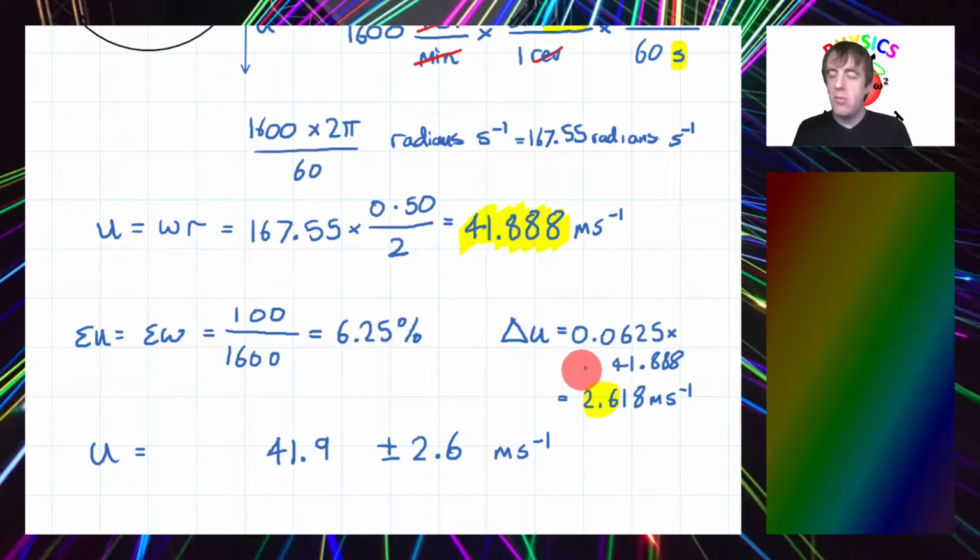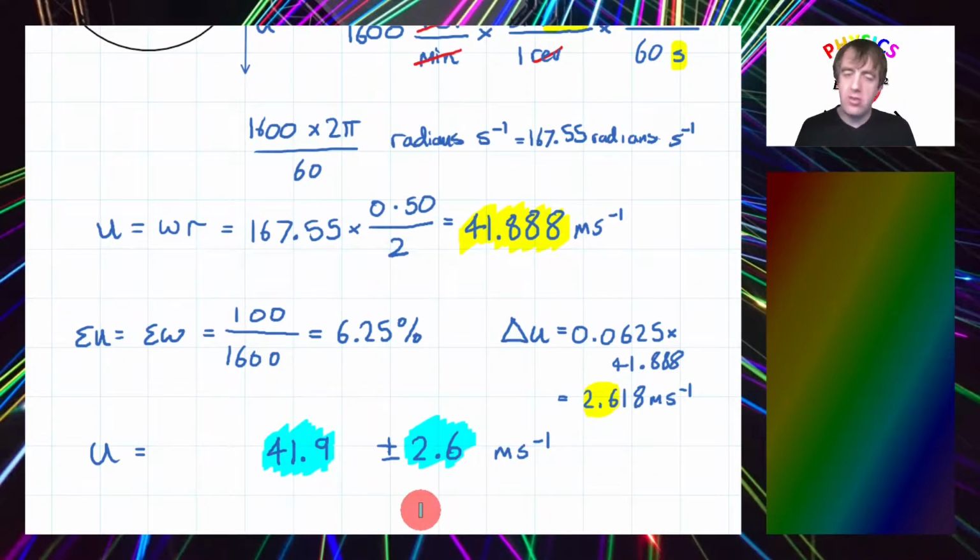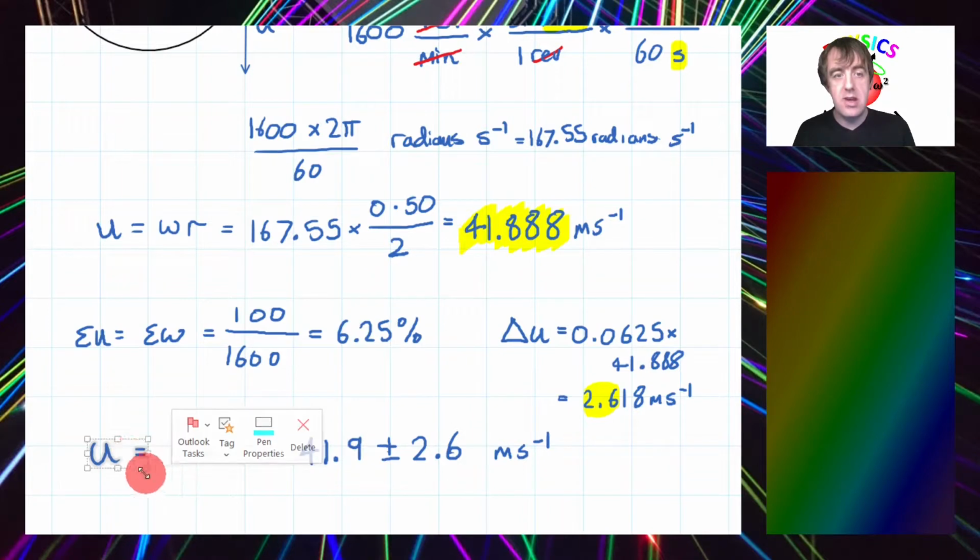And as a rule of thumb, what you do is you make sure that the error part is in standard form and then match the decimal places. That's how you make sure that your 2 answers are to the same precision. The error and the mean value here are to the same precision. It's a bit of an odd rule and it's a bit difficult to get your head around, but with practice, you get used to it. And it starts to make a bit of sense after a bit of practice.